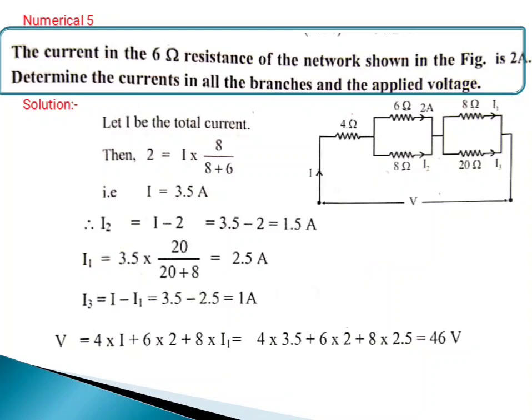The total voltage across the circuit is 4 into I plus 6 into 2 plus 8 into I1, which is 46 volt. That is how we calculate the total voltage across the circuit.